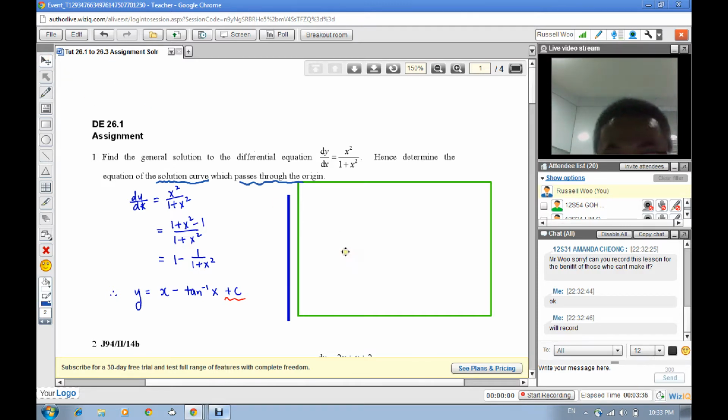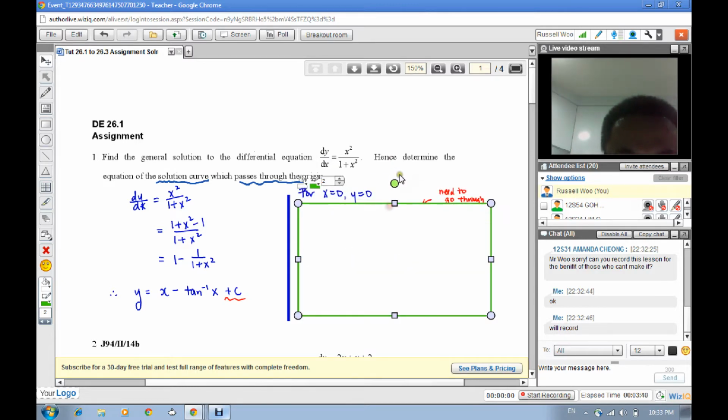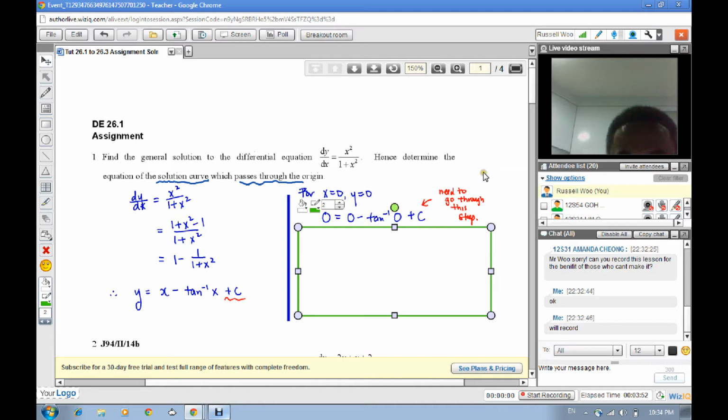The idea here is to find the integrating constant c. Passes through the origin, which means when x is 0, y is 0. We cannot safely assume that c is 0 now. We have to go through this step of substituting 0, 0 into the equation.